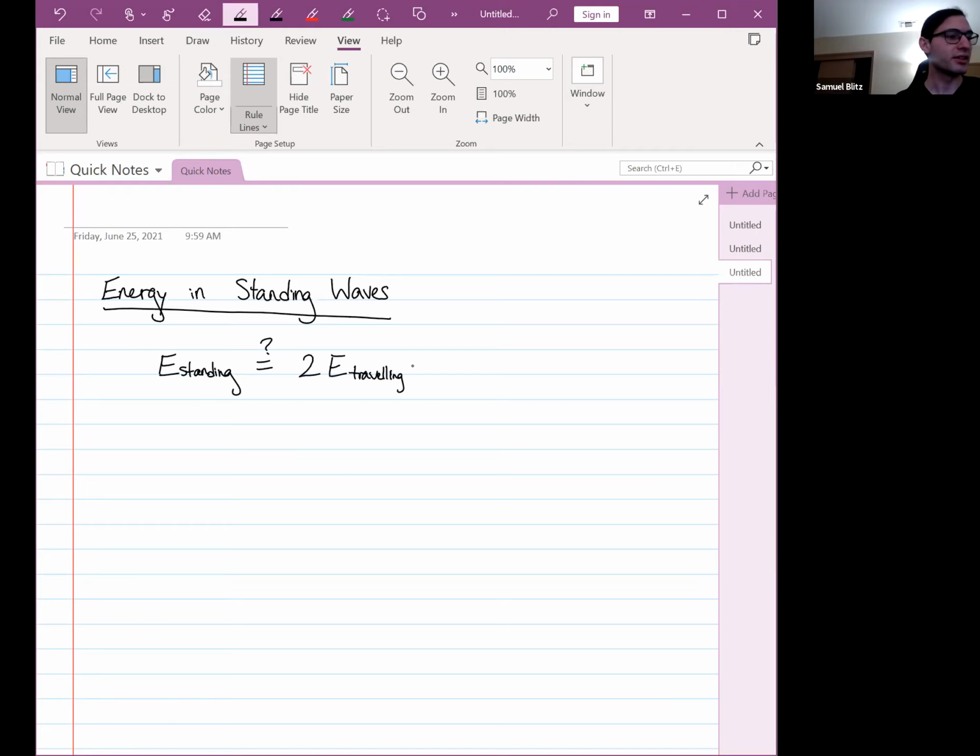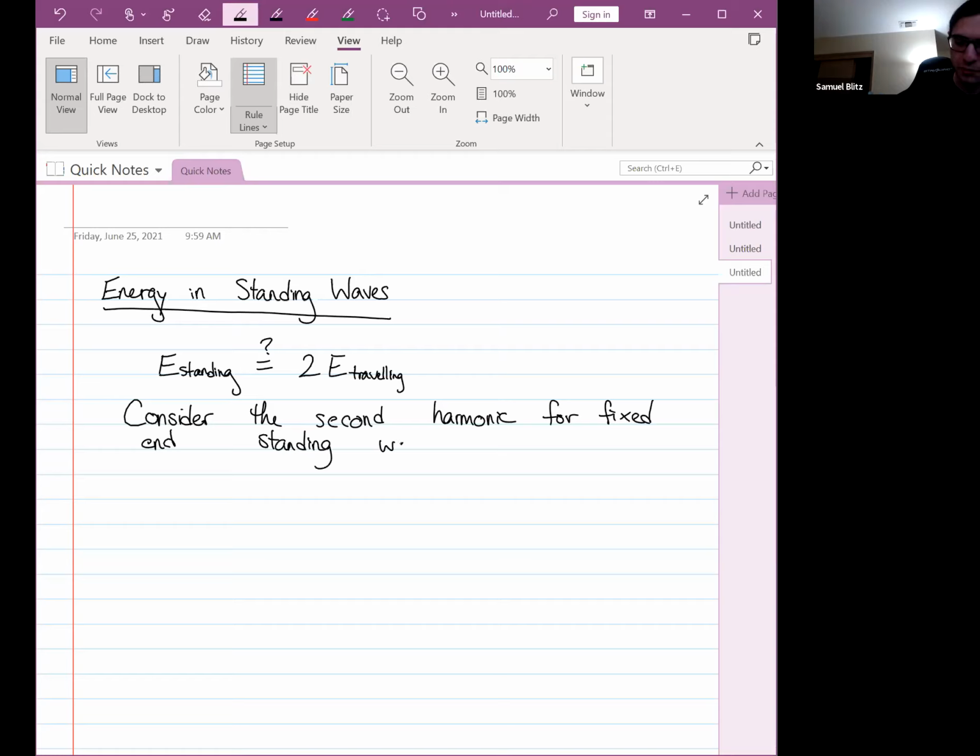Let's instead consider two oppositely traveling waves, each with amplitude A. And just so we can make this concrete, let's consider the second harmonic for fixed end standing waves, just so then we can have a picture.